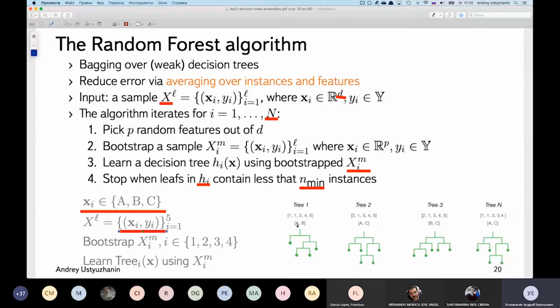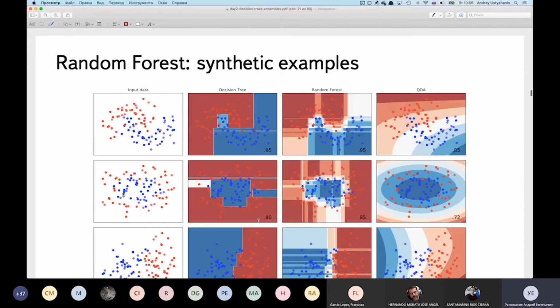This one is built on 2 features, A and B, and on instances 1, 1, 2, 4, 5. This is built on features A and C and those instances, etc. So it adds another dimension of randomness, and it is much less prone to overfitting. So it is much more stable in the end.